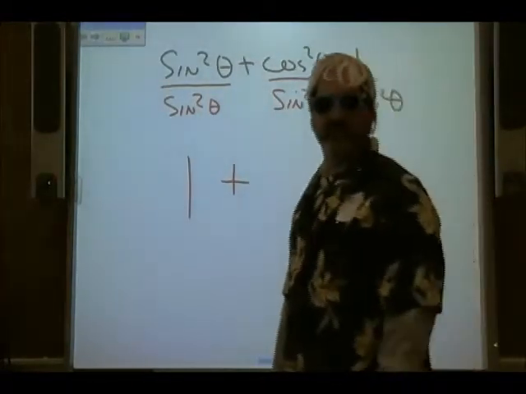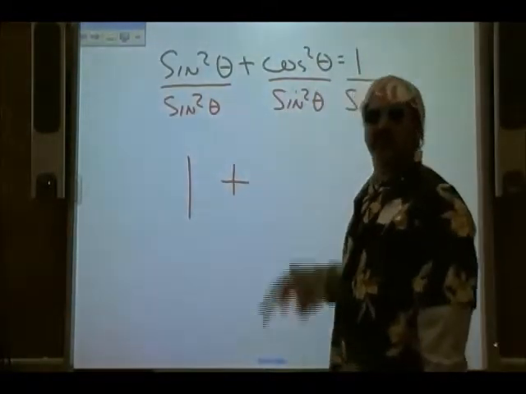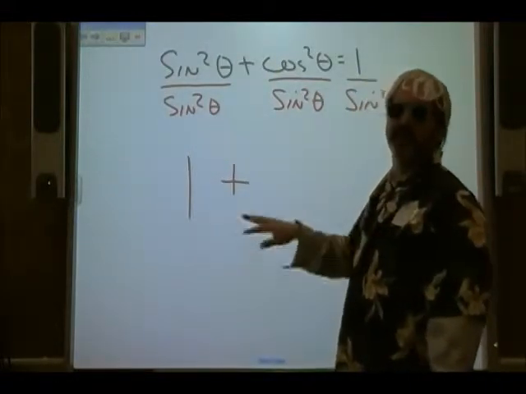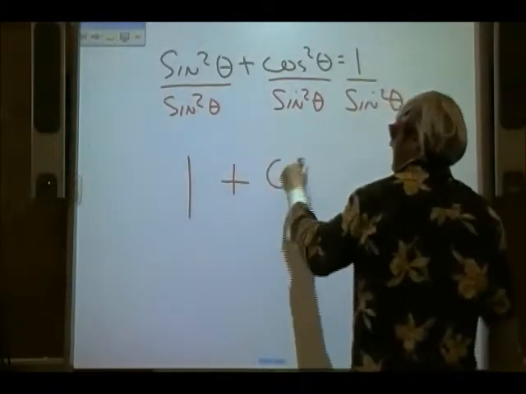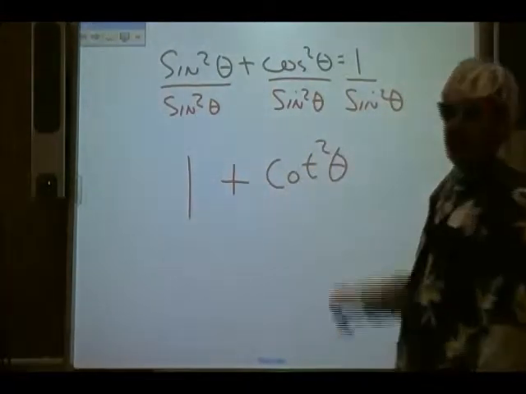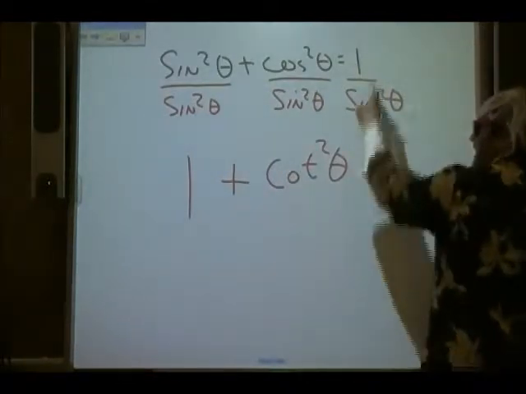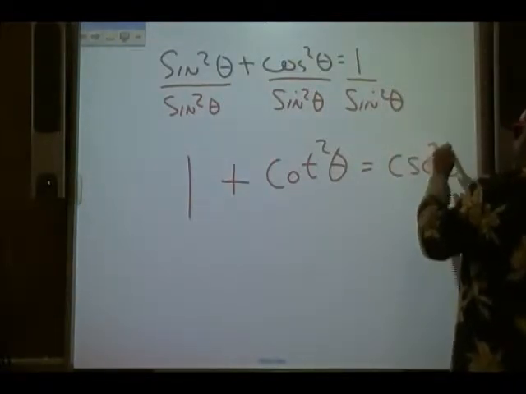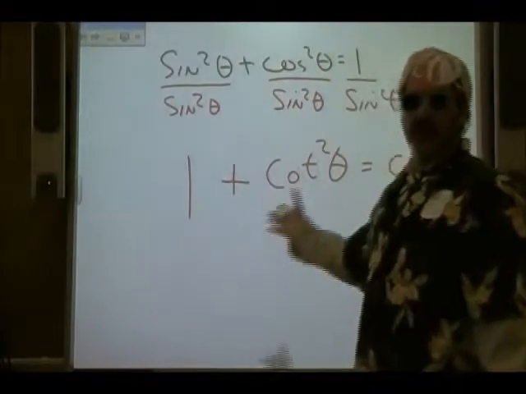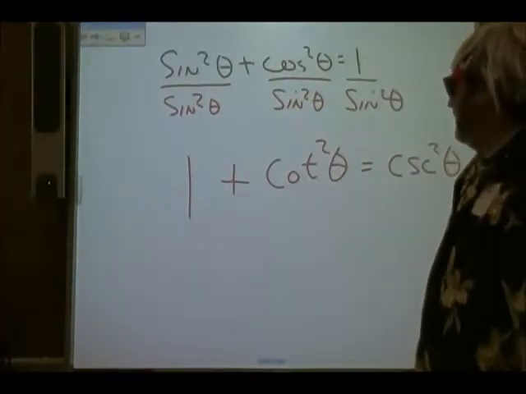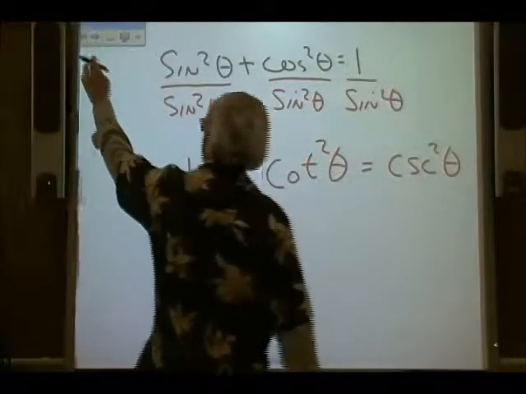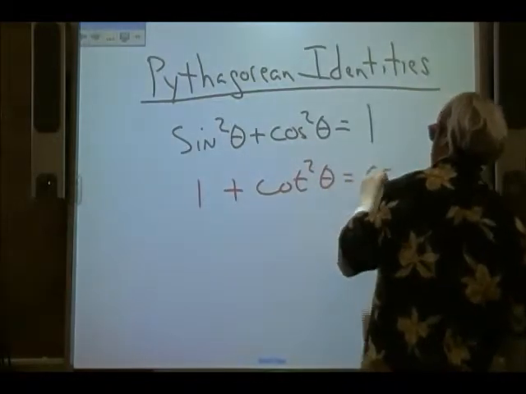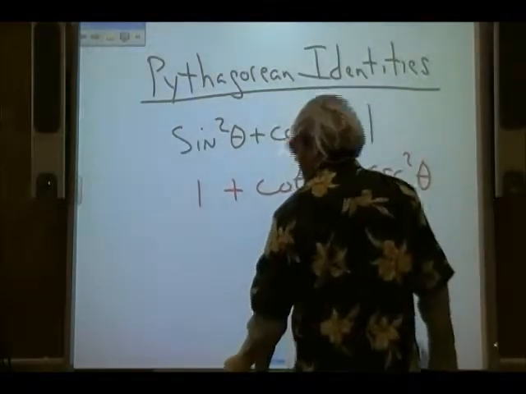Cosine squared theta over sine squared theta is the reciprocal of sine squared theta over cosine squared theta. Sine over cosine is tangent. The reciprocal of the tangent function is cotangent. So this is cotangent squared theta. And 1 over sine squared theta, the reciprocal function, is cosecant squared theta. So that is another Pythagorean identity. It's 1 plus cotangent squared theta equals cosecant squared theta.